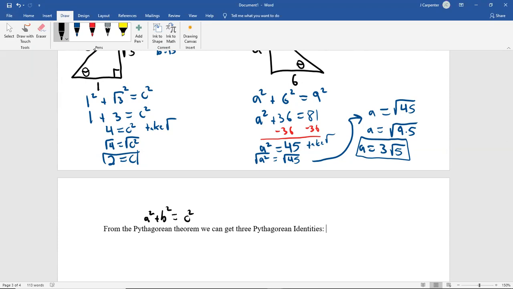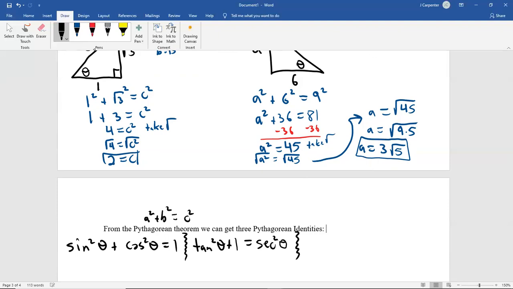You get that sine squared of theta plus cosine squared of theta is equal to 1. So that's the first Pythagorean identity. We get that tangent squared of theta plus 1 is equal to secant squared of theta.